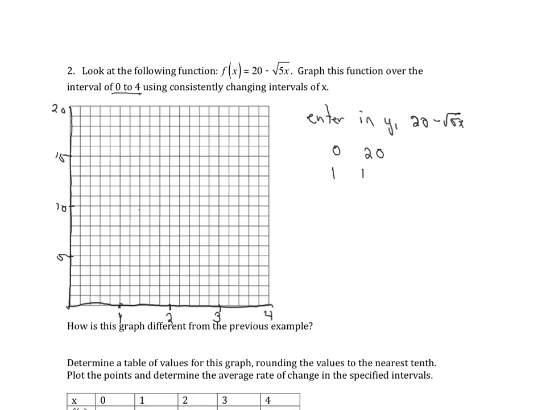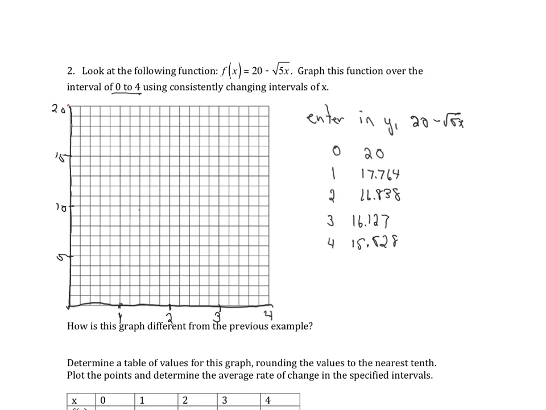At 1, it's at 17.764. At 2, we're at 16.838. At 3, we're at 16.127. And at 4, we're at 15.528.